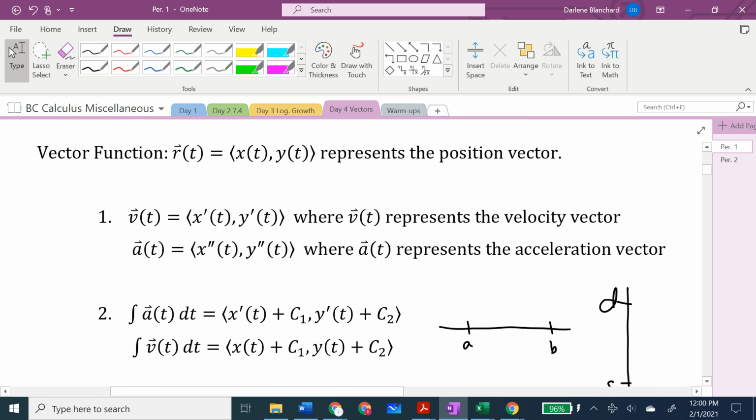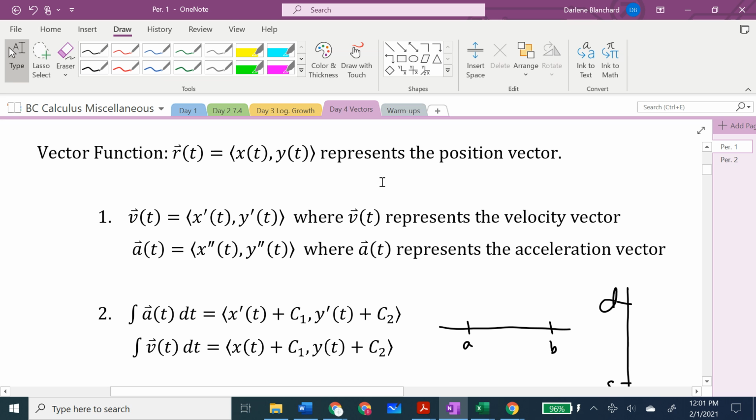If you have a position vector function, R, and R is typically used for the position vector in the entire calculus sequence, whereas S is used for the position function for the AB version of particle motion. Literally, if you want the velocity vector, you just take the individual derivatives of each component function and you've got a velocity vector. For the acceleration vector, you take the second derivative of each individual component function.